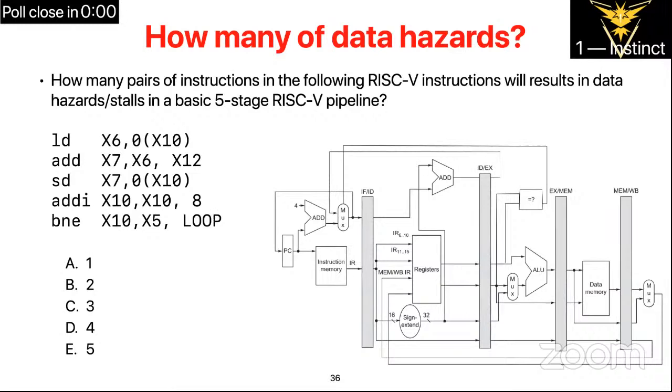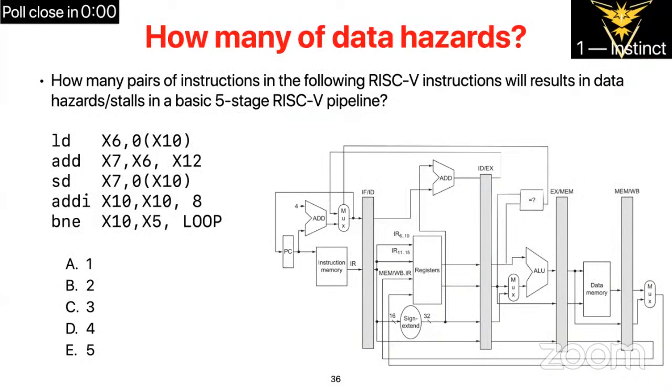Yeah, hi, Professor. So I think for this one, the second add instruction will have a data dependency on x6. The store instruction will have a data dependency on the previous add instruction for x7, and the branch instruction will have a data dependency on x10, which is calculated by the previous instruction. Okay, but why do we have to stall, why do we have data hazards?